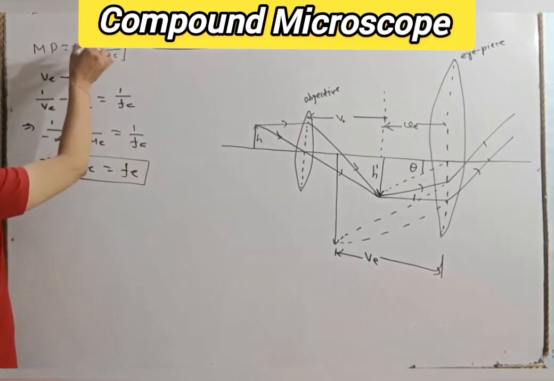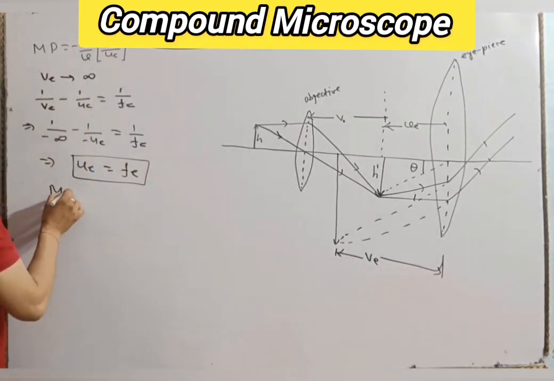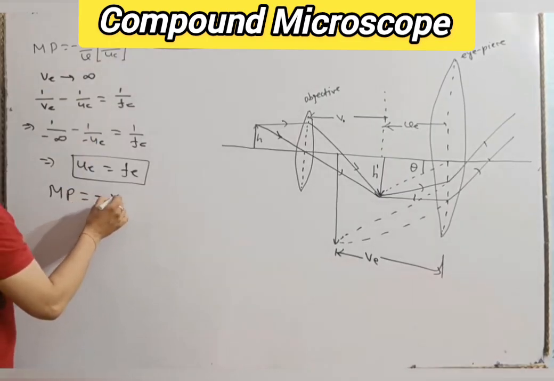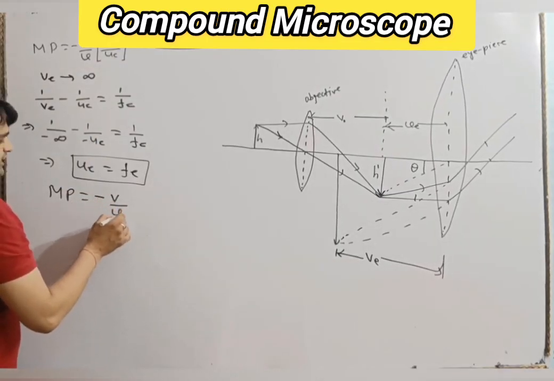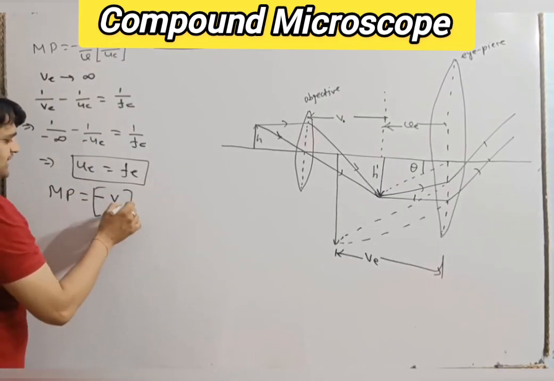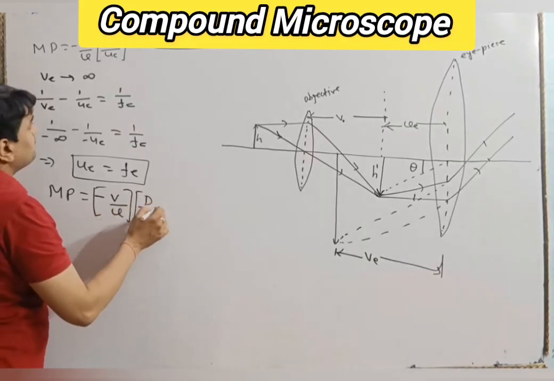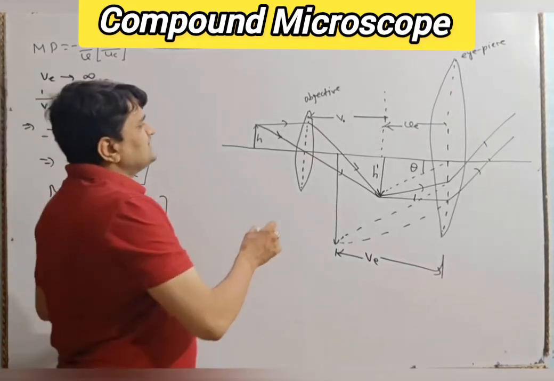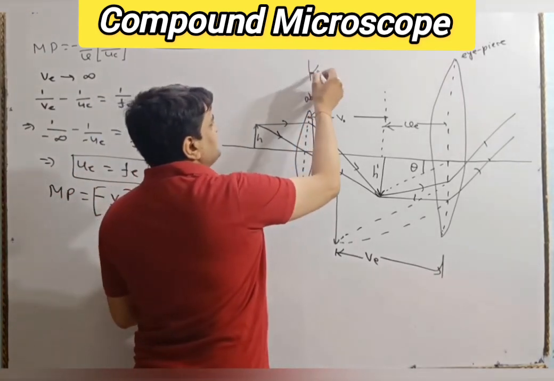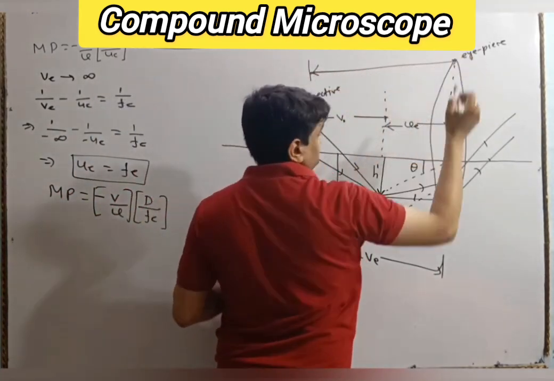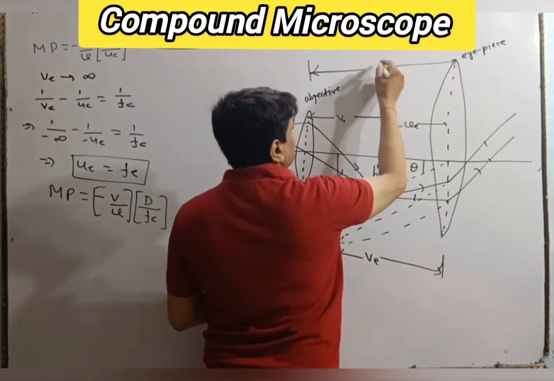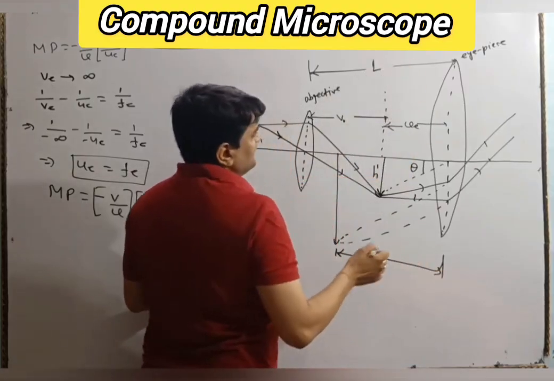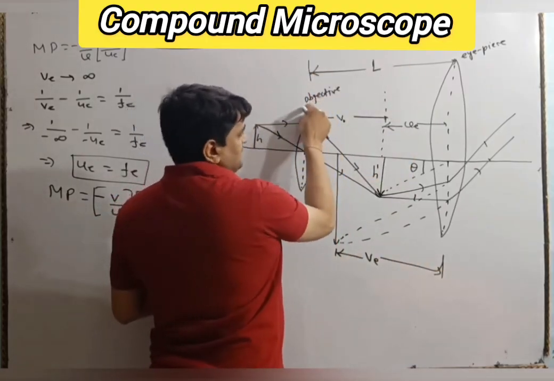Okay. In this case, magnifying power will be minus V upon U into D upon Fe. And tube length, see the tube length, the distance between the objective lens and the eyepiece is called tube length, and that is called L. L is what?